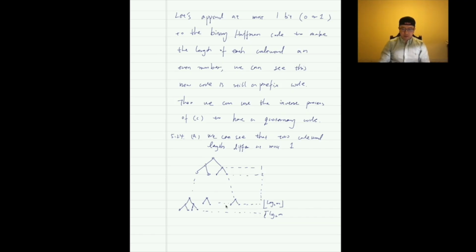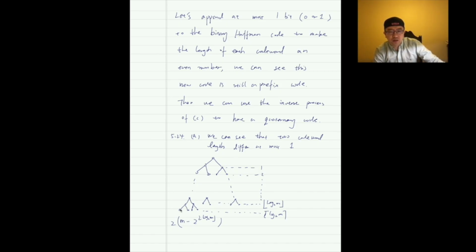Given this, we could compute the number of nodes in this layer. The number of nodes in this layer is 2 to the power of this number. We can compute the number of nodes in the last layer, which is nothing but m minus 2 to the power of this guy, and then multiply by 2.